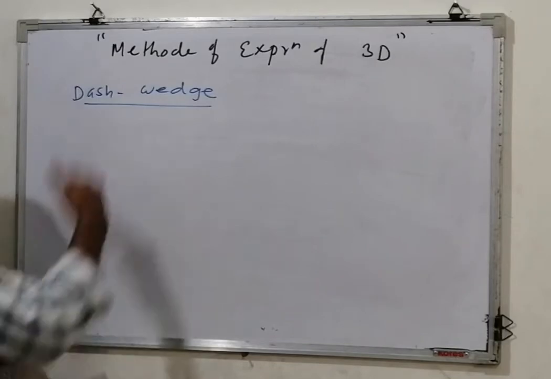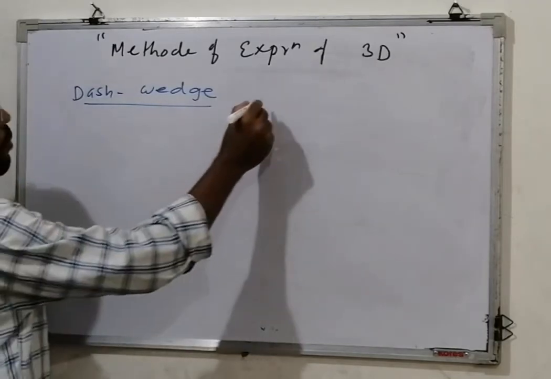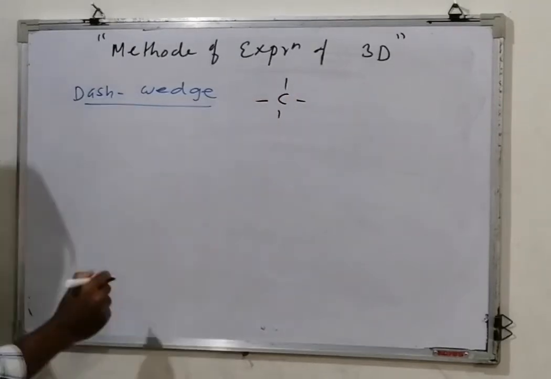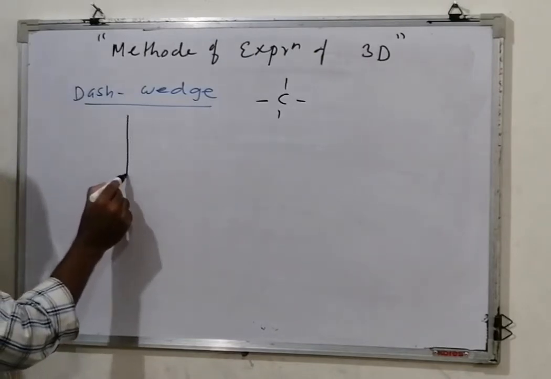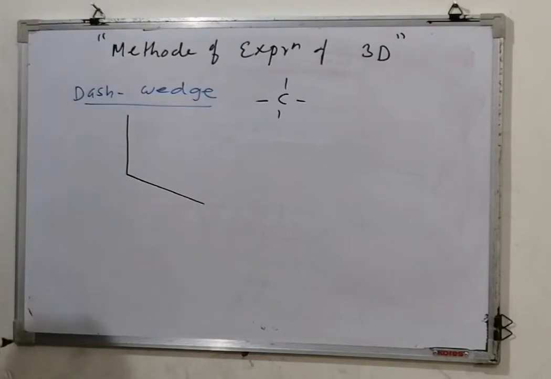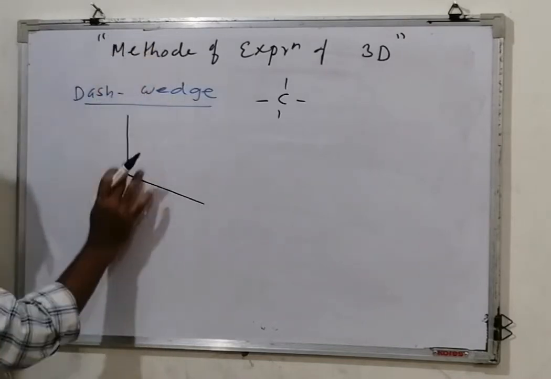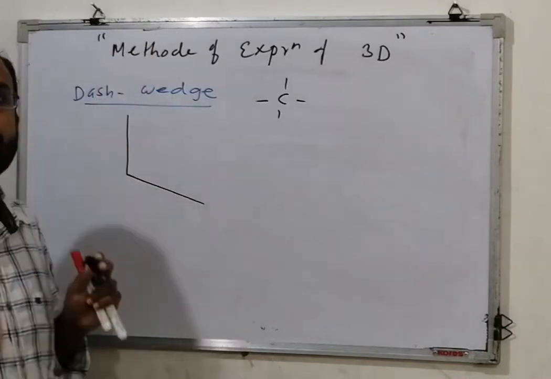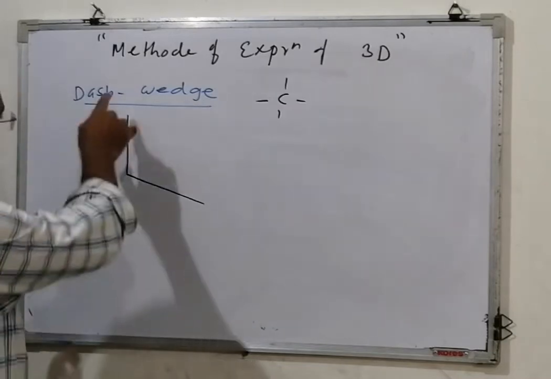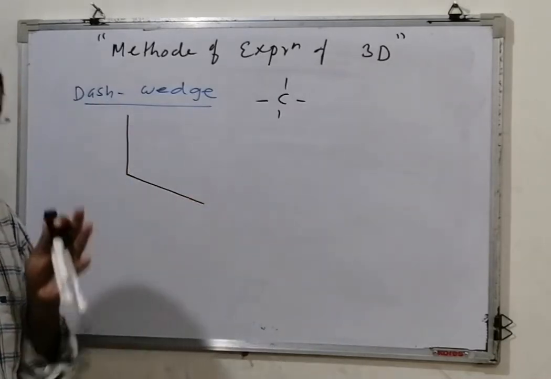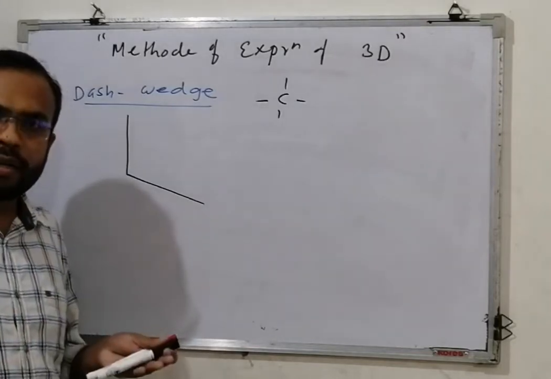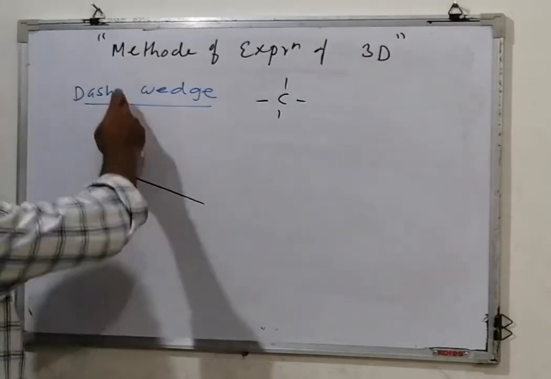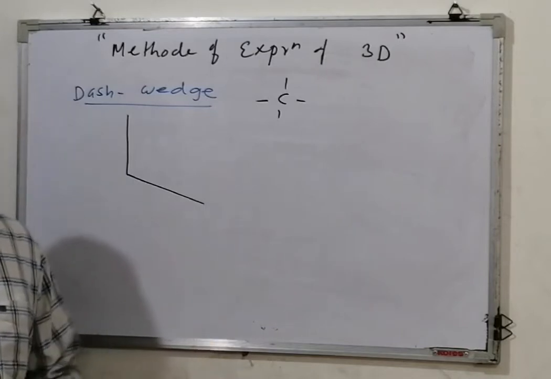Suppose an organic molecule with four bonds. In the dash wedge formula, these two lines represent bonds on the plane. When you see a simple line like this, you should imagine that these two bonds are on the plane.